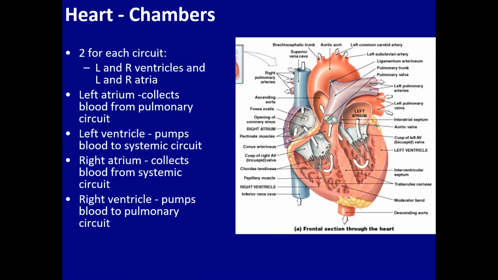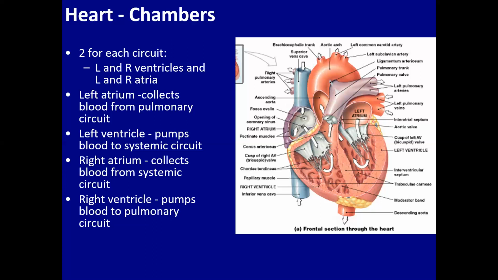Left pulmonary veins. They too are bright red. I would like for you to look at the pulmonary arteries. Those pulmonary arteries are a strange purple color. But then when you look at the superior and inferior vena cava, you can see that they are blue.